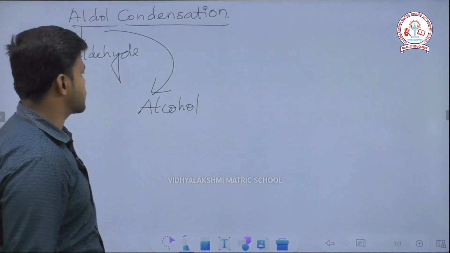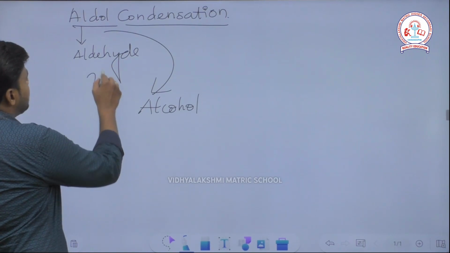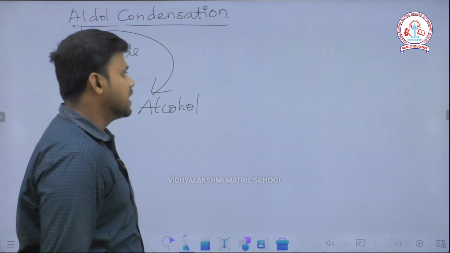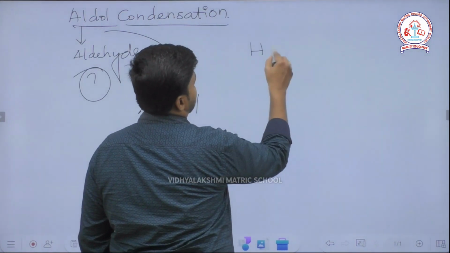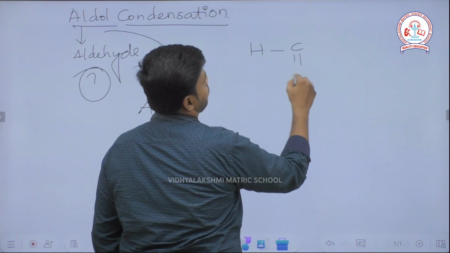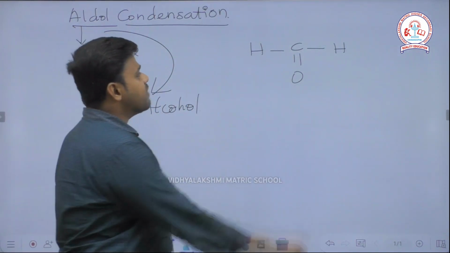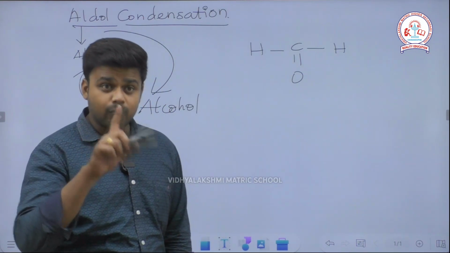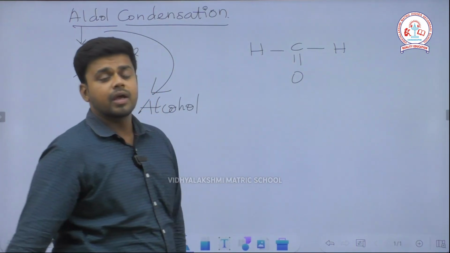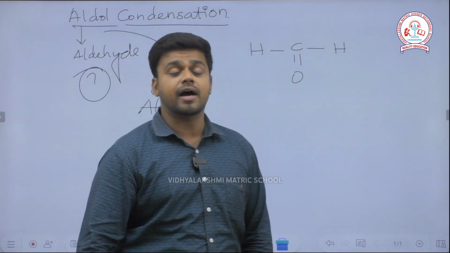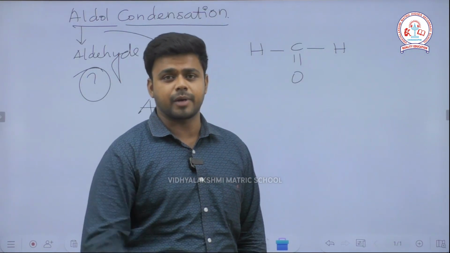Now the question comes, whether all aldehydes undergo this aldol condensation? No, it is not so. Let me take the basic aldehyde, formaldehyde. We have only one carbon, and that is the functional group. The carbon which is immediately next to the functional group is called an alpha carbon.